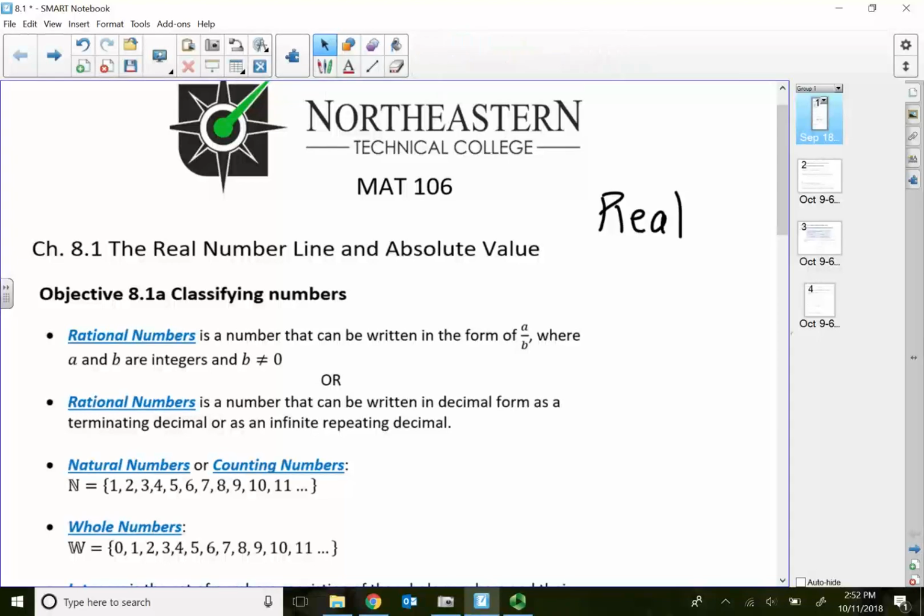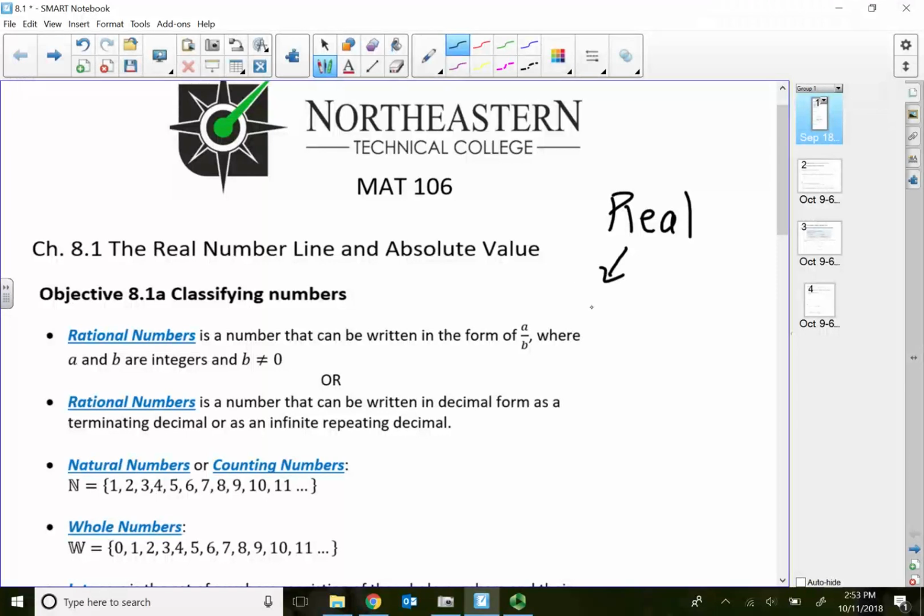All right. Under the real numbers, there's actually something called non-real numbers as well, but here we're just going to talk about classifying real numbers. Under the real numbers, there are rational numbers, which is just another word for fraction, and there are irrational numbers.